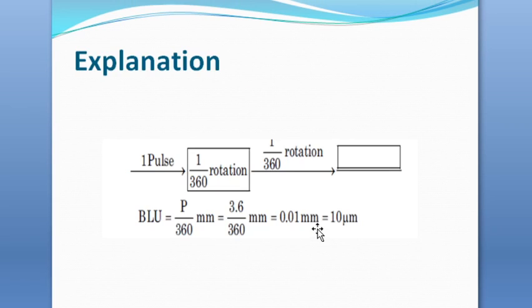This is the formula: basic length unit equals pitch divided by 360 millimeter. It means one pitch is divided by 360 degrees. 1 pulse rotates 1 degree. Therefore, directly we divide by 360. We get 10 micron.